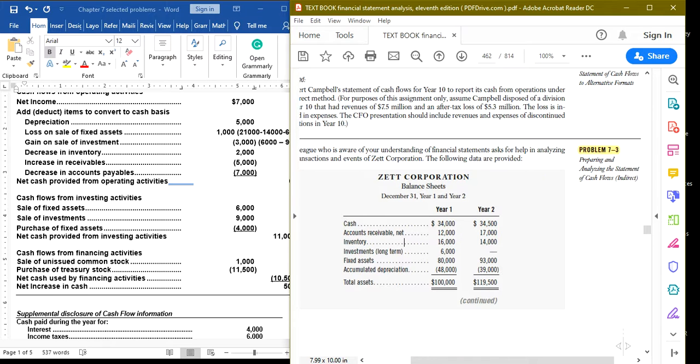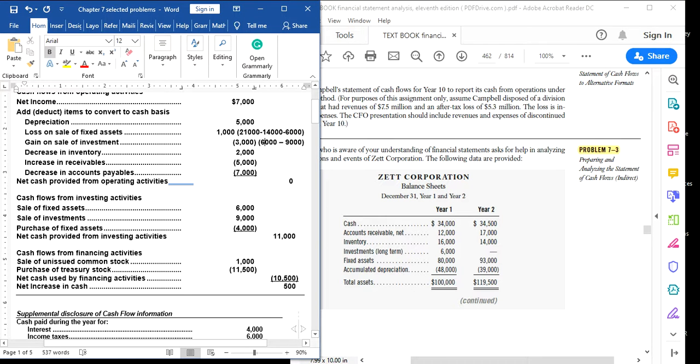We have our account receivables over here increased in this one. So the first year's receivable is deducted from the second year's receivable, then we obtain negative 5,000. Okay, so that was the net cash provided from the operating activities.